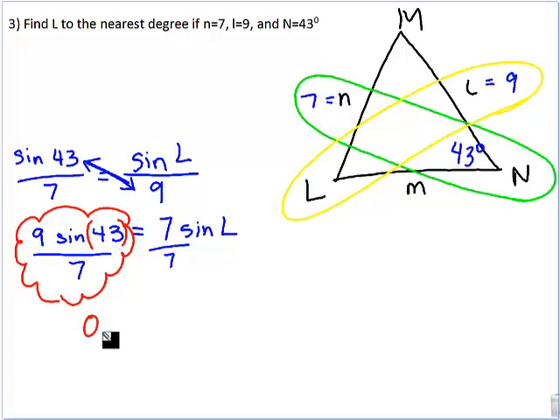It doesn't say another sine. So 0.87. There you go. No, it's not 0.96. 9 times the sine of 43, did you close your 43? Divided by 7.